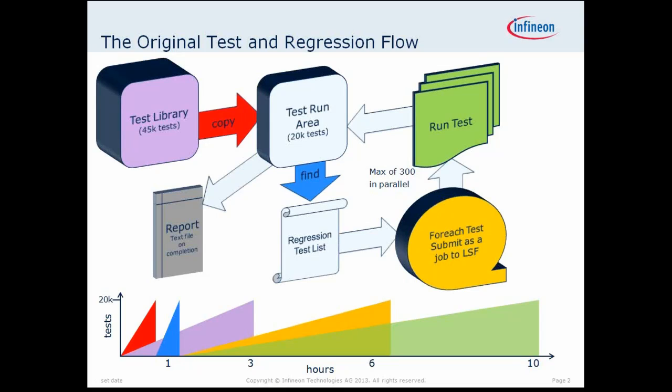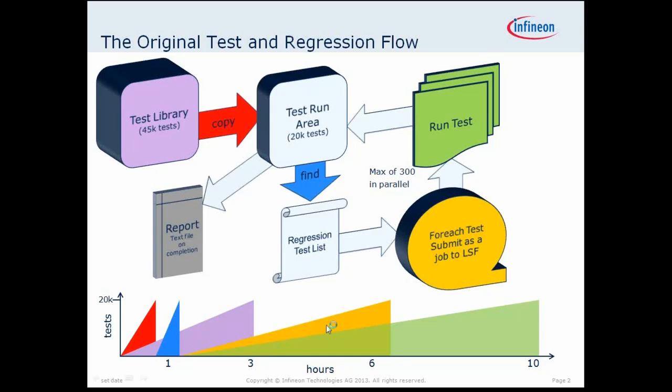Then each test runs within the test run area, and it basically runs the test and leaves its files behind for parsing later. One issue we had was that the maximum number of tests that we could run in parallel on our cluster was 300, and this was limited by the disk access, but we'll talk about that later.